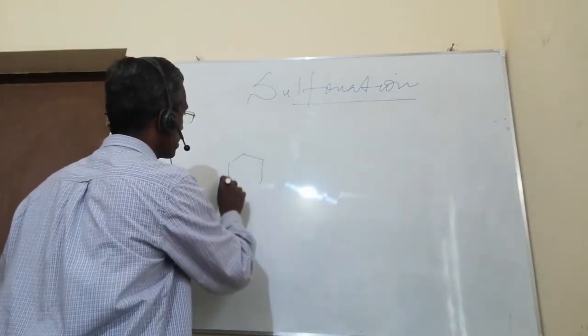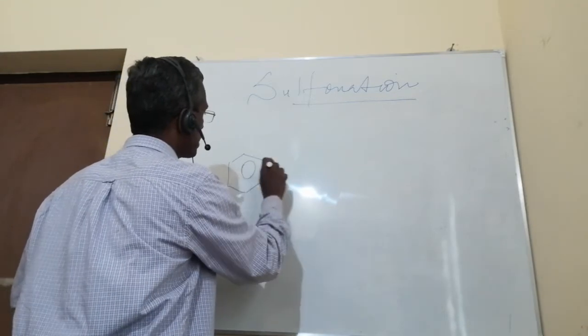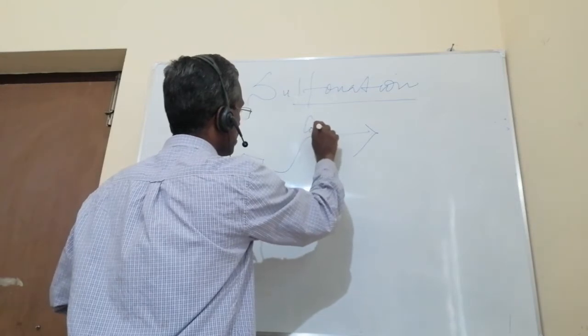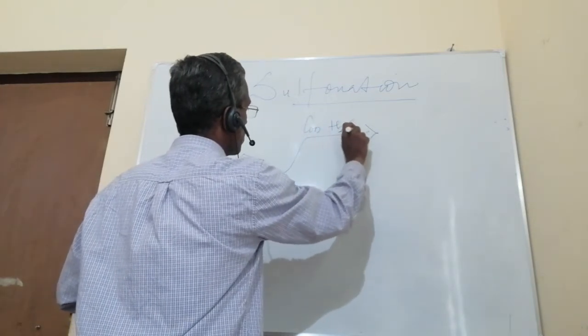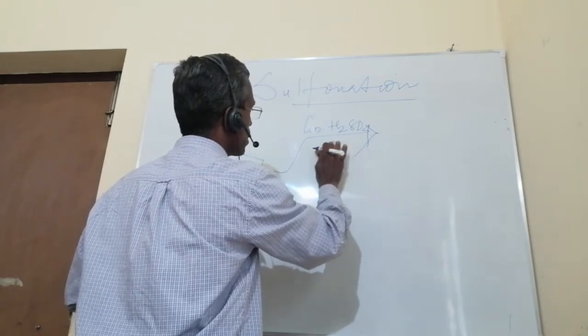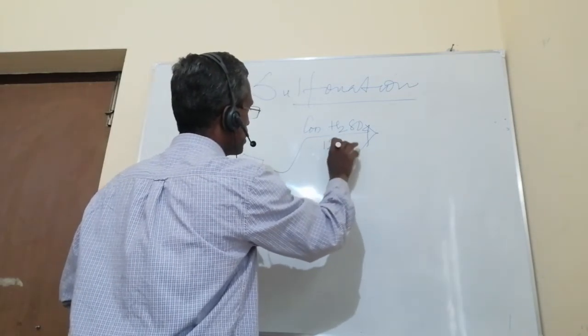Benzene, when treated with method number one, concentrated sulfuric acid at around 120 degrees Celsius, gives SO3H. This is benzene sulfonic acid.